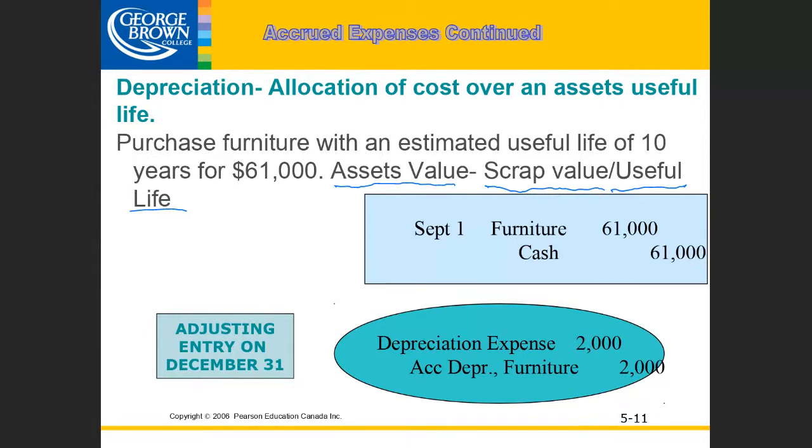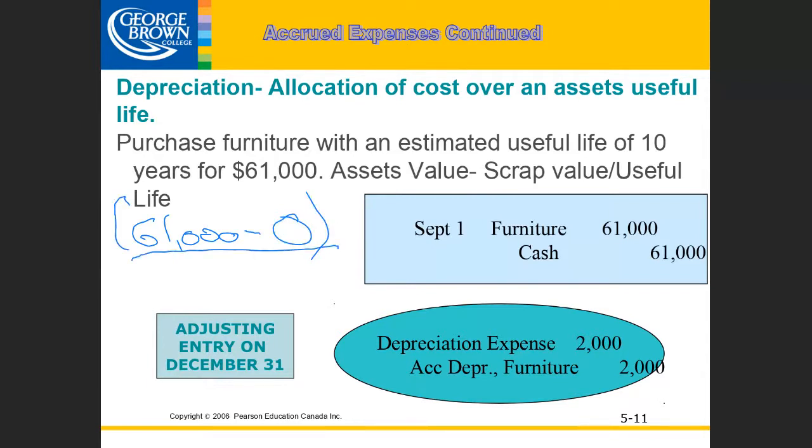So let's calculate some depreciation here. $61,000 was the value of the asset, minus 0 scrap. I'm going to erase that. So 61,000, which is the cost of the equipment, minus the scrap value, which is 0, and then we divide it by 10 years.